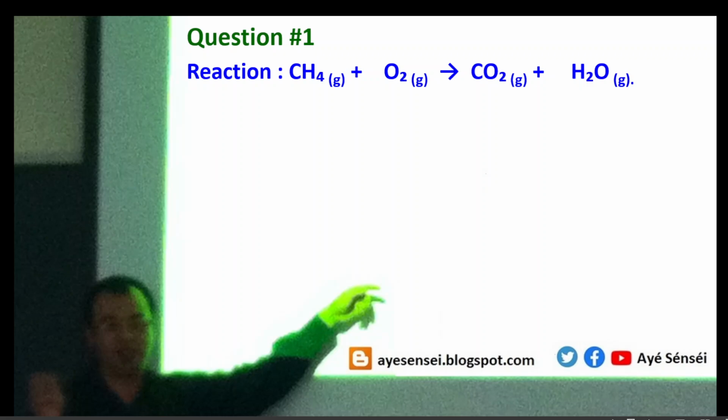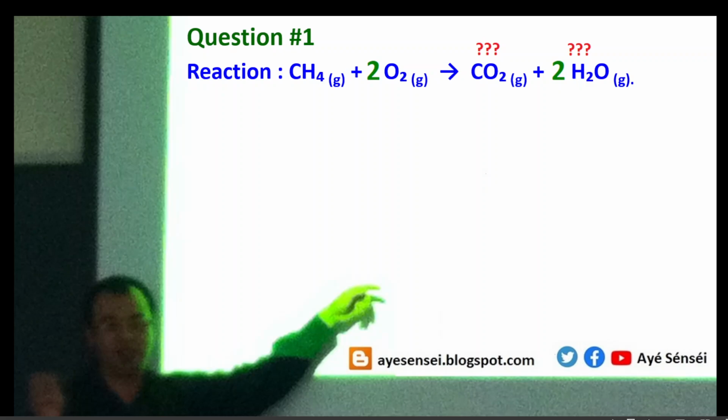And then after that, it is important to balance the equation by putting the correct coefficients. Those are the coefficients 1, 2, 1, and 2. And then next is finding the volume of CO2 and H2O.